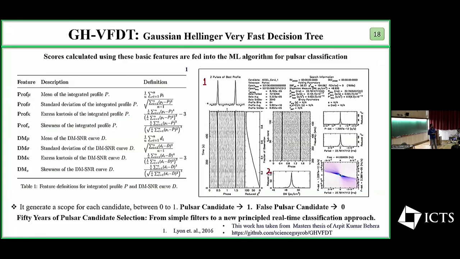When you search for these pulsars, you used two ways of searching, the FFA and FFT. Have you seen anything performing well at slow pulsars or fast pulsars, or are both finding the same kind of pulsar? No, sir. The FFT based search is mostly for millisecond pulsars, and the FFA based search is for 0.1 second to 10 second, normal slow pulsars only.